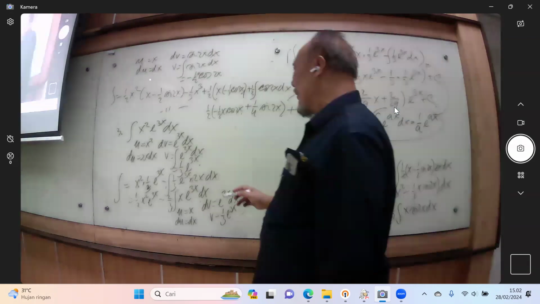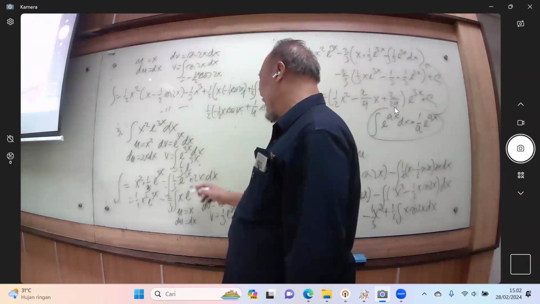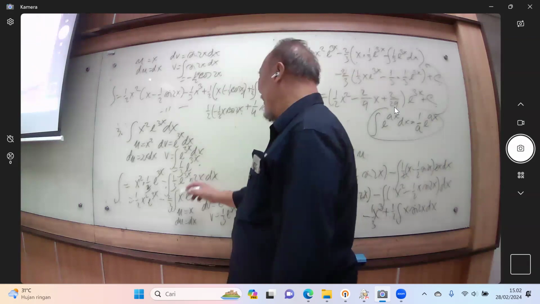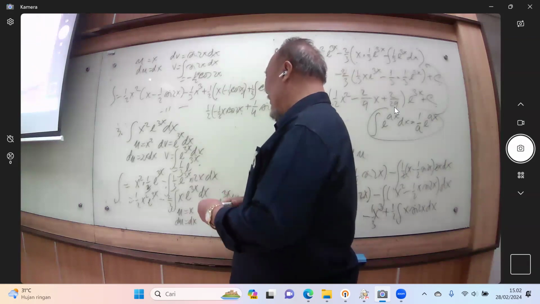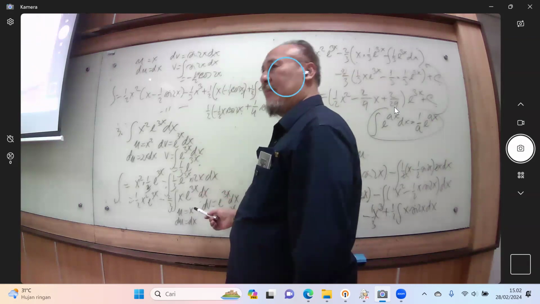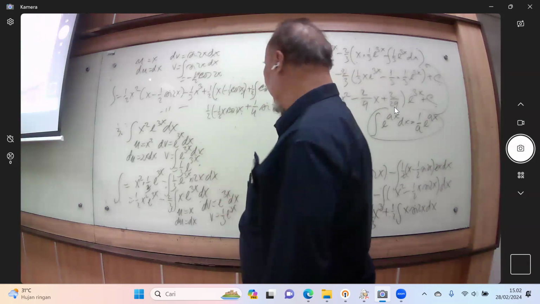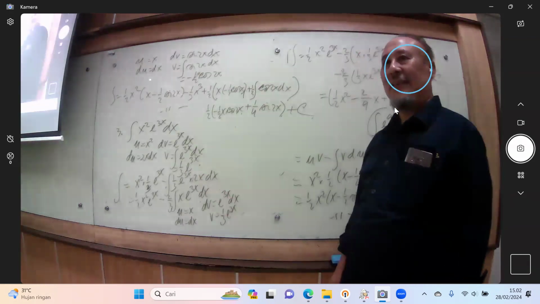To integrate e to the power of 3x, this is the same. Now we use integral by parts again because this is the only way to solve this problem, right? Okay.